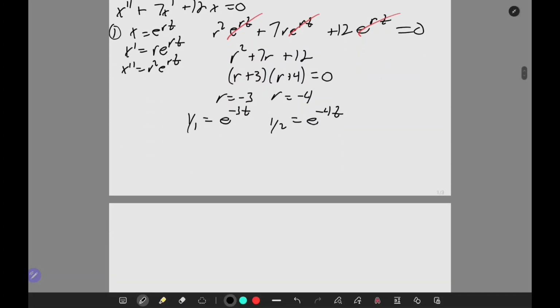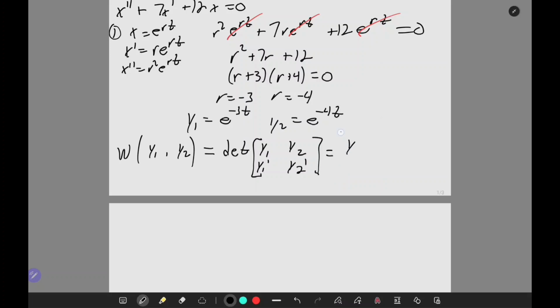Now, really quick, let me go over the Wronskian. The Wronskian of y1 and y2 is going to be the determinant of y1, y2, y1 prime, y2 prime, which can be rewritten with straight bars, which is the symbol for determinant.